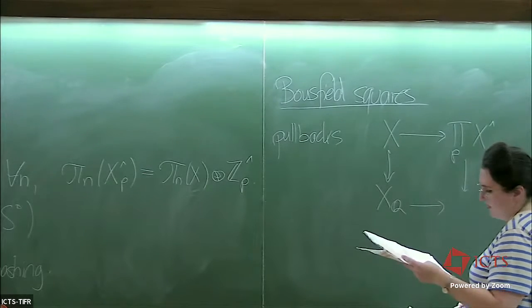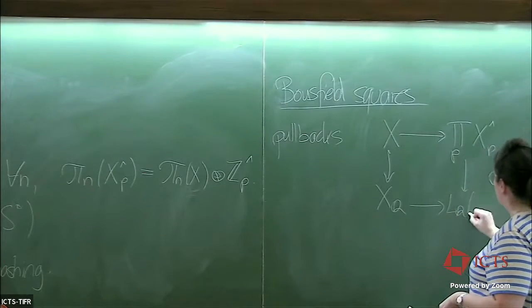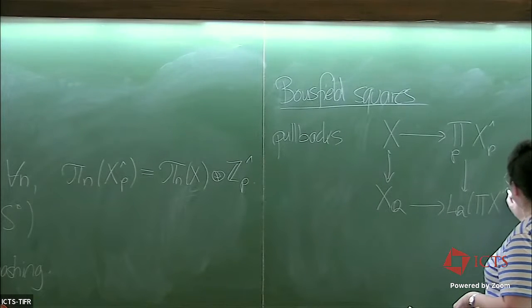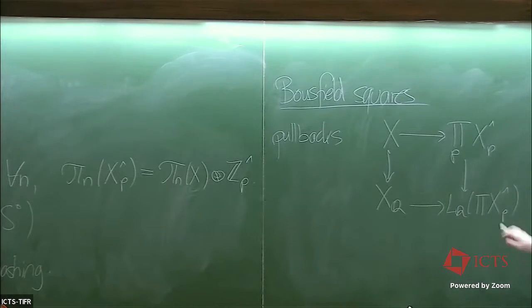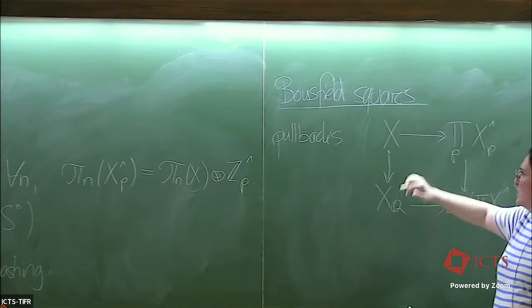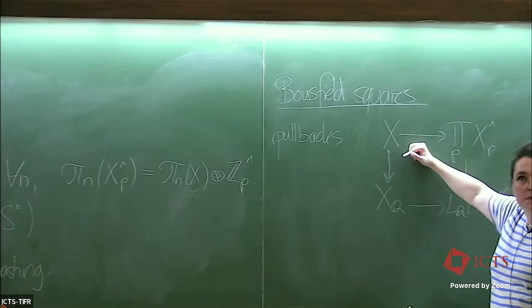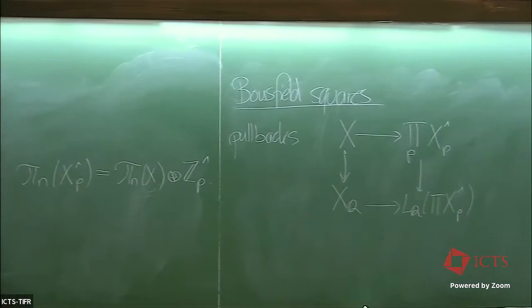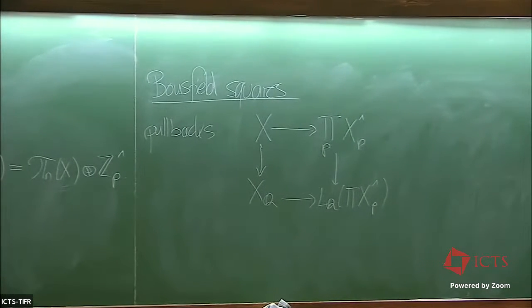And then here, well, you just get the rationalization of that. So if you know this and you know that, then you also know this. If you would like to read Bousfield's papers about this, good luck.